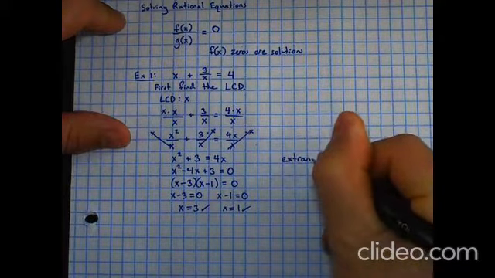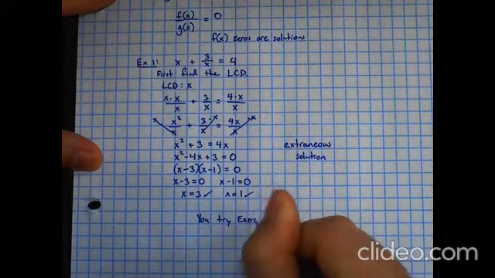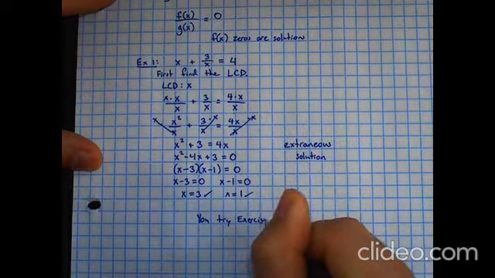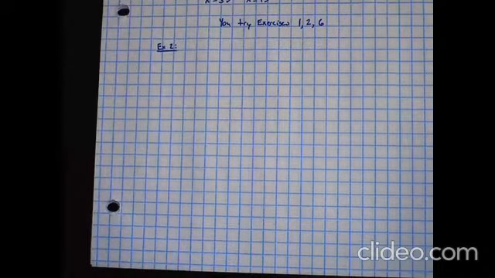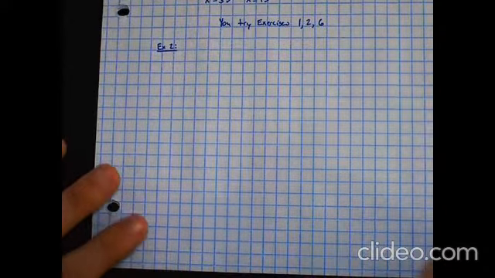So after you go over this first example, I want you to try exercises 1, 2, and 6. So I'm realizing that you might need to see example 2 before you try 1, 2, and 6. So let's do that.